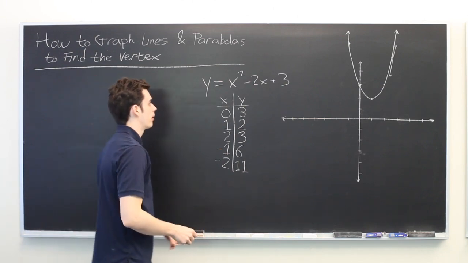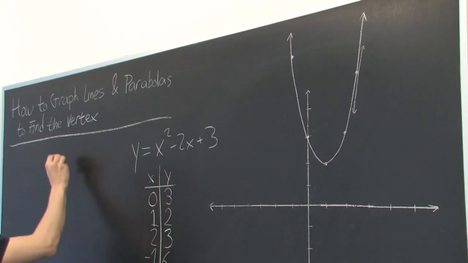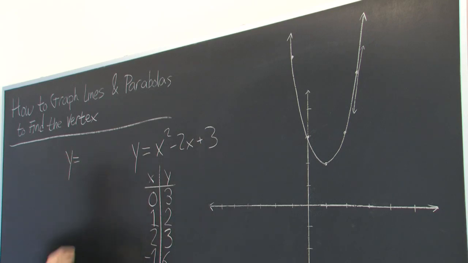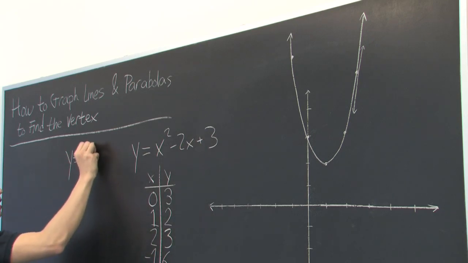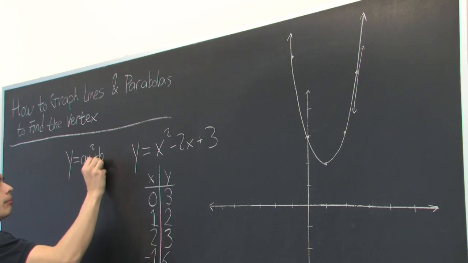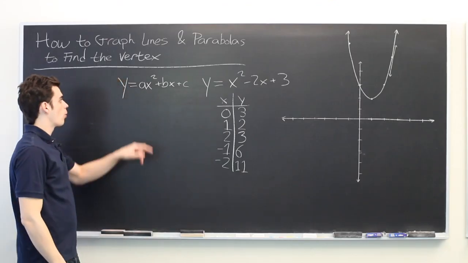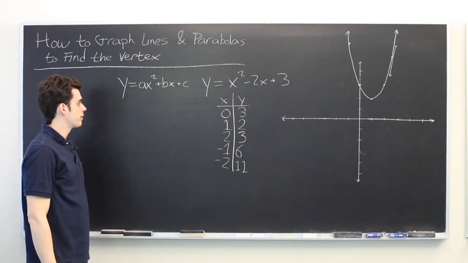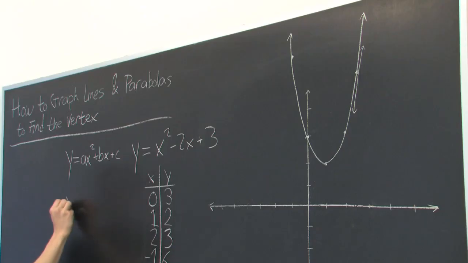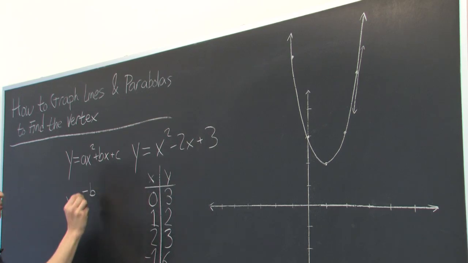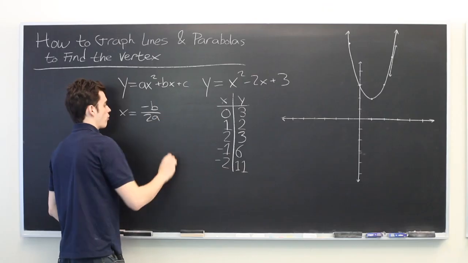vertex. When you have a parabola written in the form y equals ax squared plus bx plus c, where a, b, and c are just constants, the x-coordinate of the vertex is simply given by minus b over 2a.